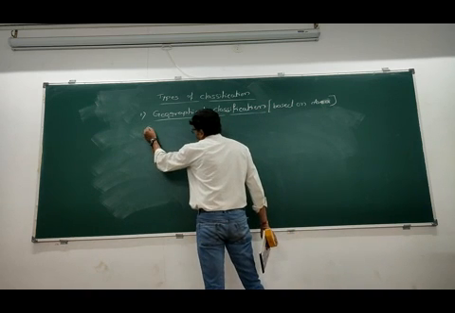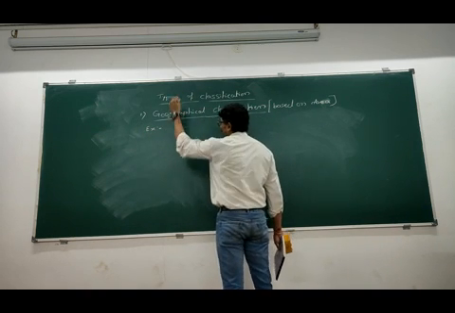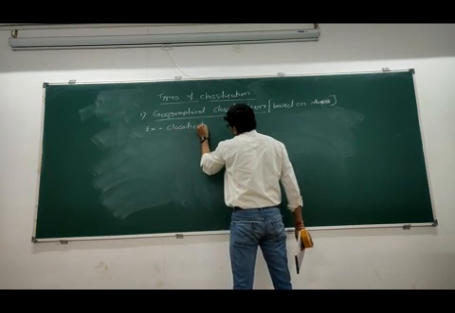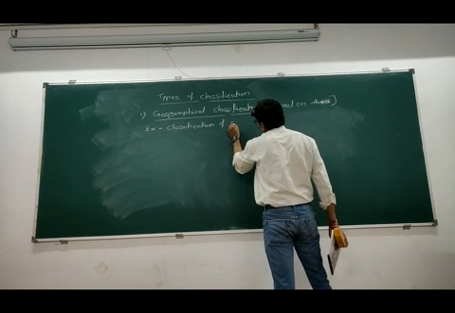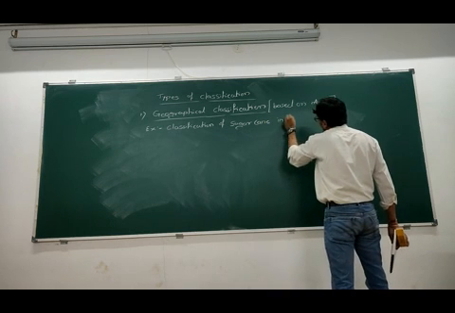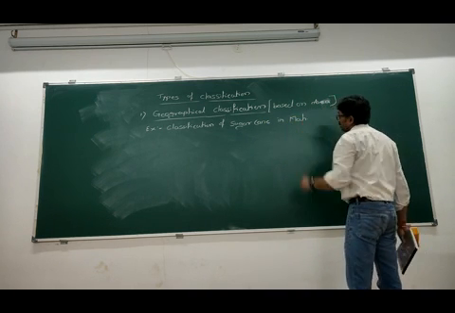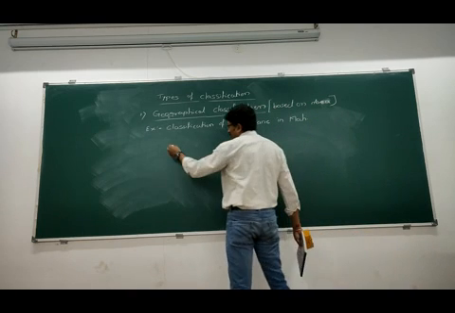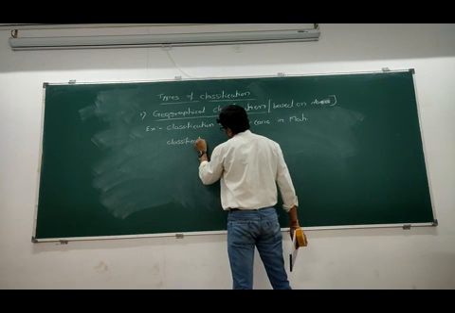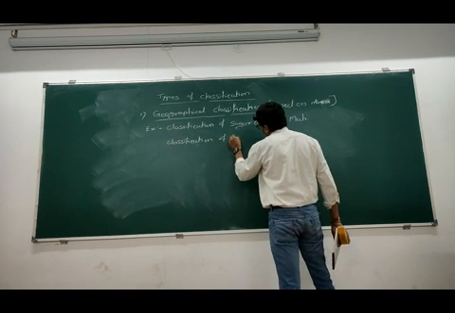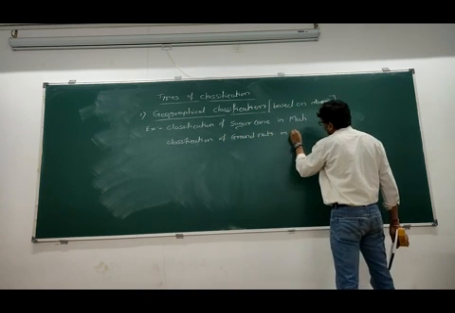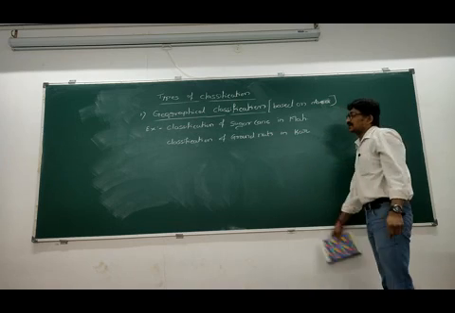For example, I will write here: classification of sugarcane in Maharashtra. One more example I will write: classification of groundnuts in Karnataka. Suppose these are the 2 examples.